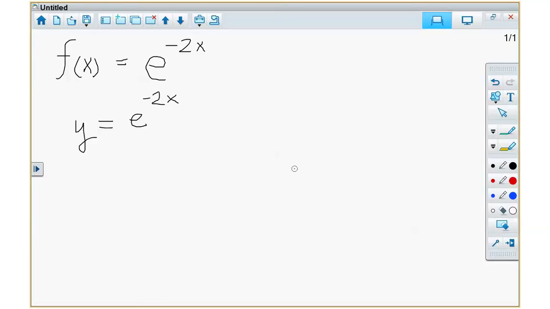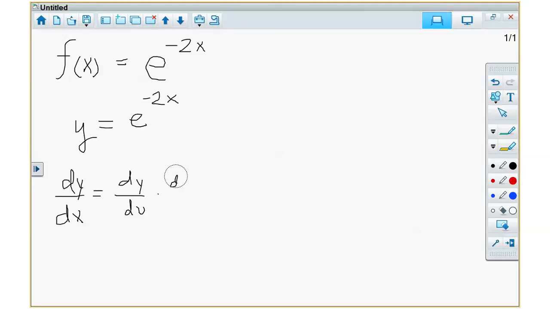Now, what I'm wanting to find is dy/dx. That's the way I do not like to write it, but it helps. Let me rewrite that.